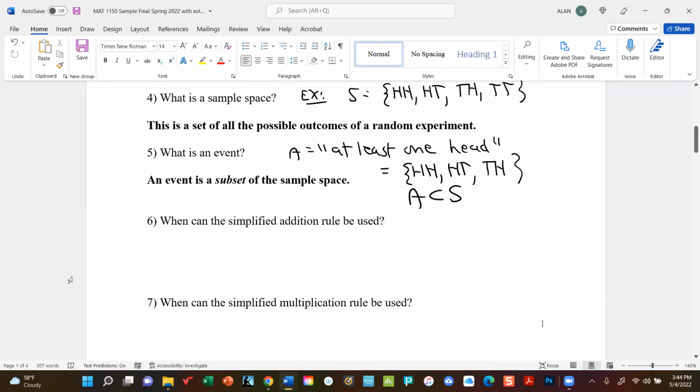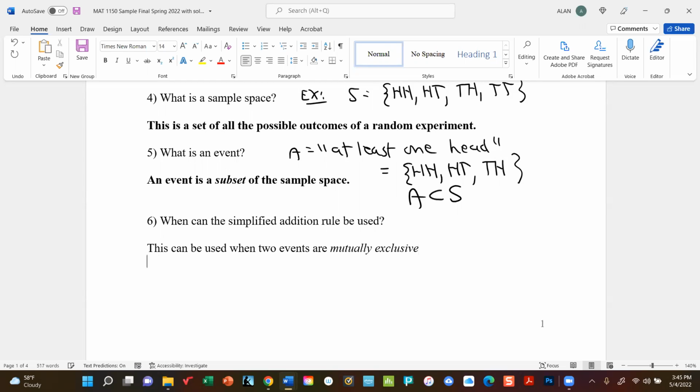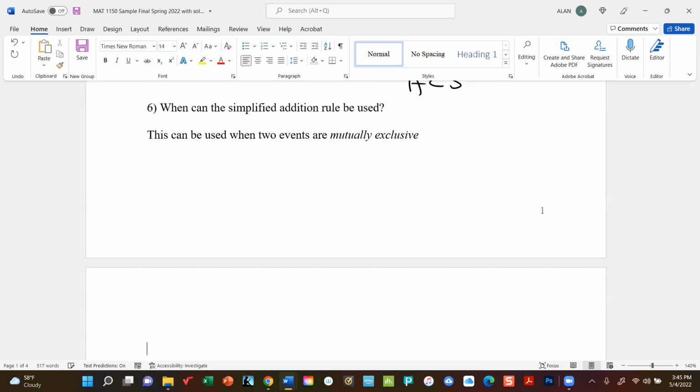All right, then. The simplified addition rule, I'll just write it in here, then I'll show you what it is. This can be used when 2 events are mutually exclusive, which means that they can't both be true at the same time. First let me remind you what the rule looks like. The full addition rule, the original one that can always be used.